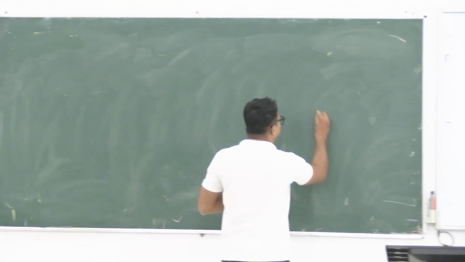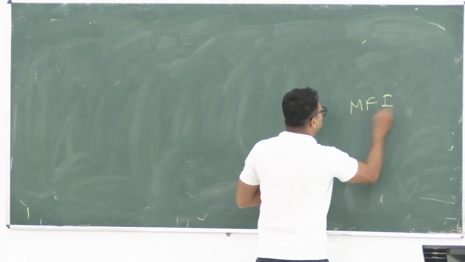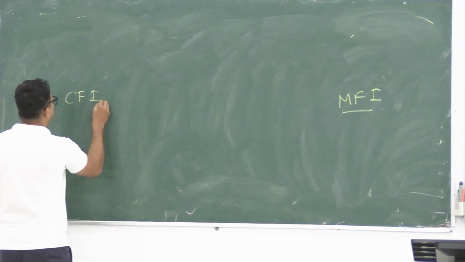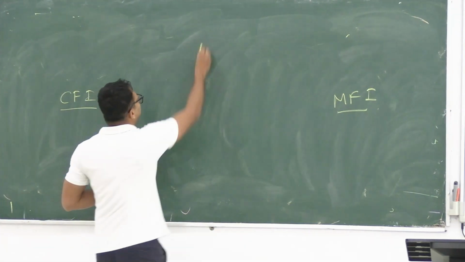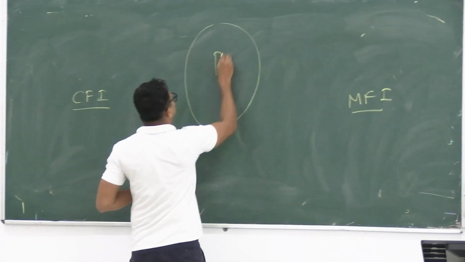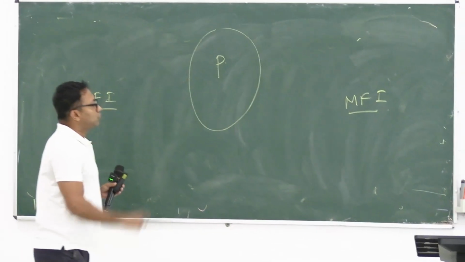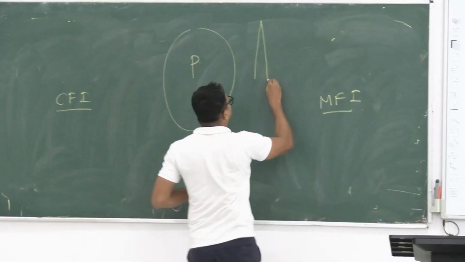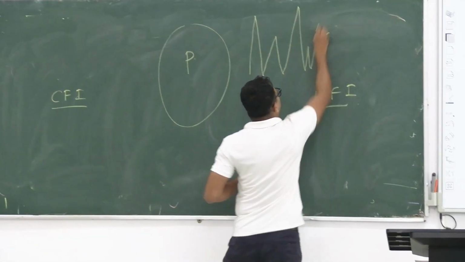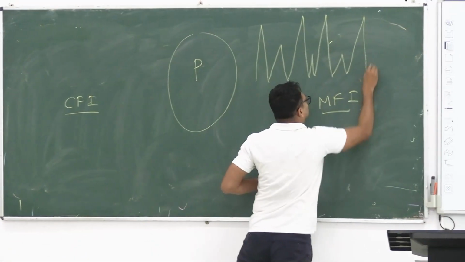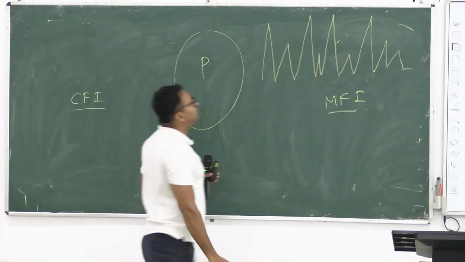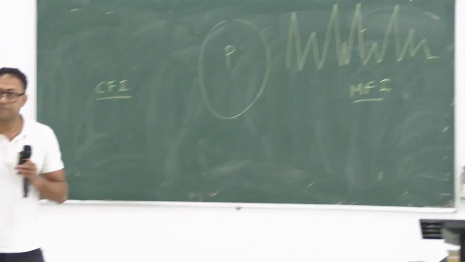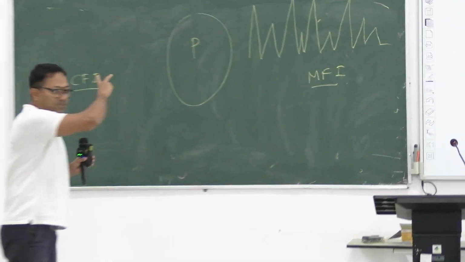you have MFI, mossy fiber input, and climbing fiber input to the Purkinje cell. This is the Purkinje cell, right? So mossy fiber input is simple spike. This simple spike is of different size, different length, on the Purkinje cell.